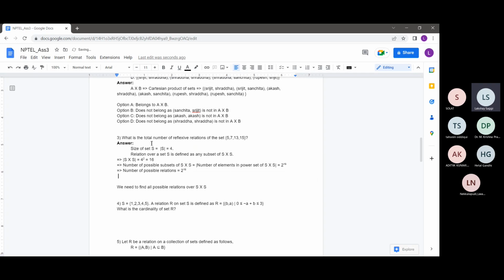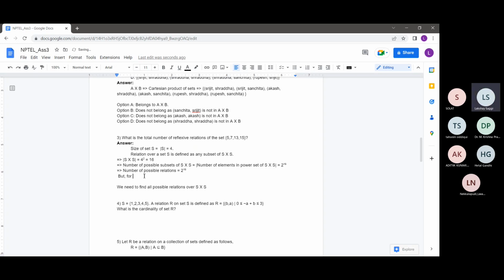But in this question, we have to find the number of reflexive relations. Note that for all possible relations, what we did was that every one of the 16 elements in S cross S had a choice whether to be included in the set or excluded from the set.